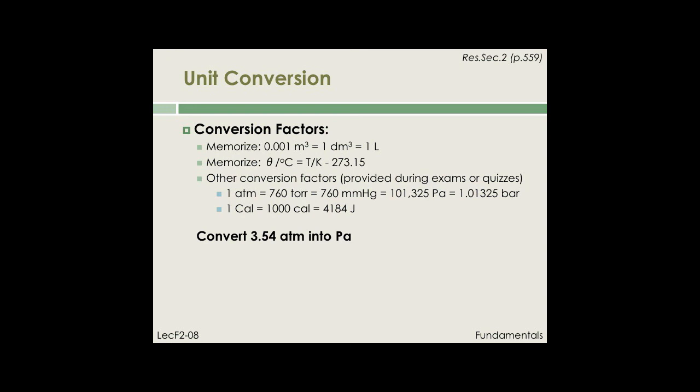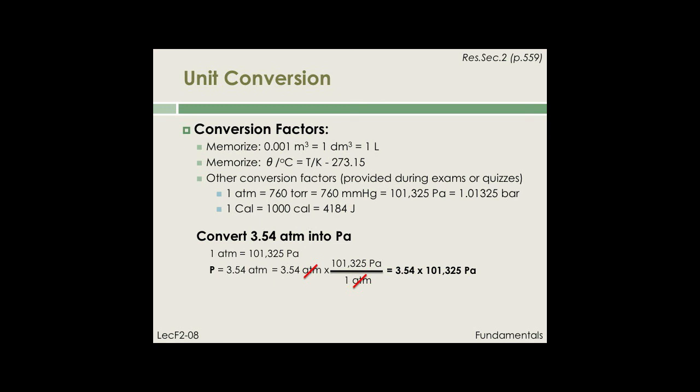For example, let us convert 3.54 atmospheres into pascals. We know that 1 atmosphere is equal to 101,325 pascal. So we write P equals 3.54 atmospheres times 101,325 pascal divided by 1 atmosphere.